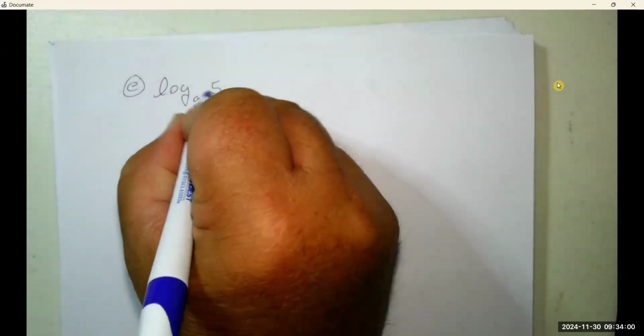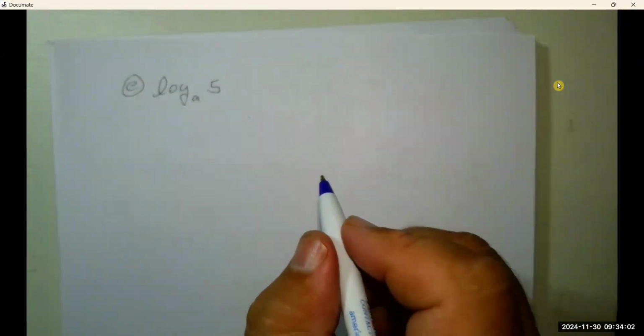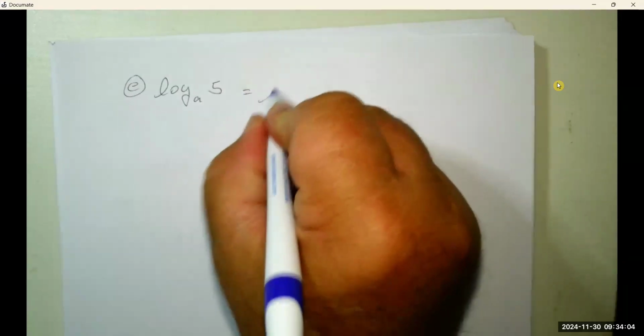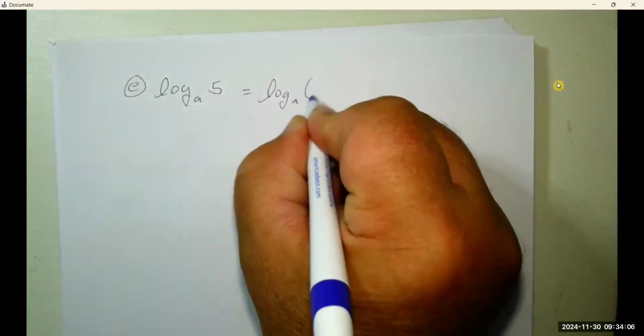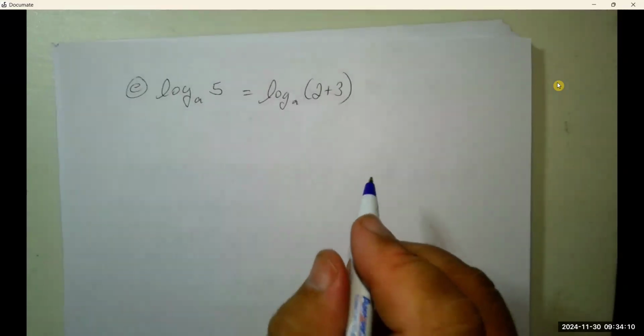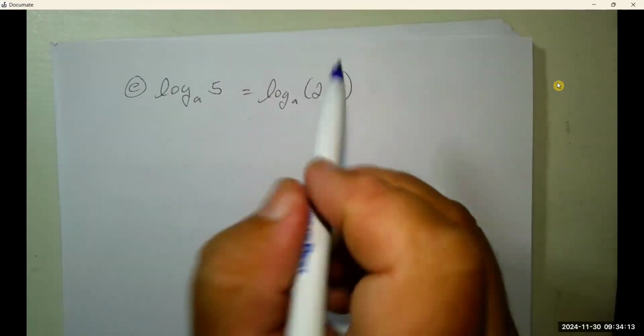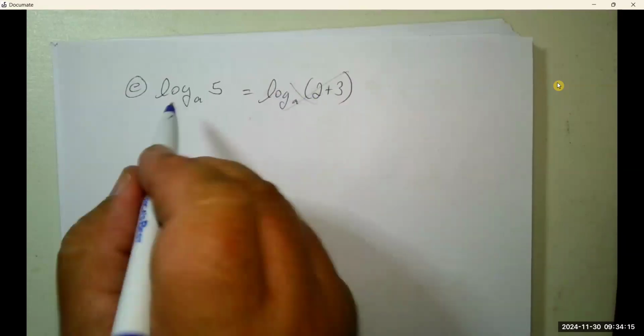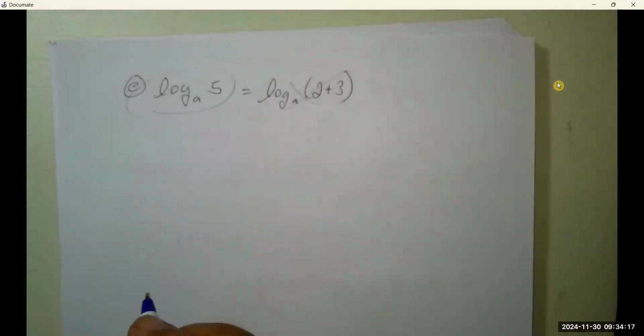And the next one, E. Log base a of 5. The only thing we could do with 5 would be log base a of 2 plus 3. But that's a common mistake, we can't do that. So this is as far as it goes.